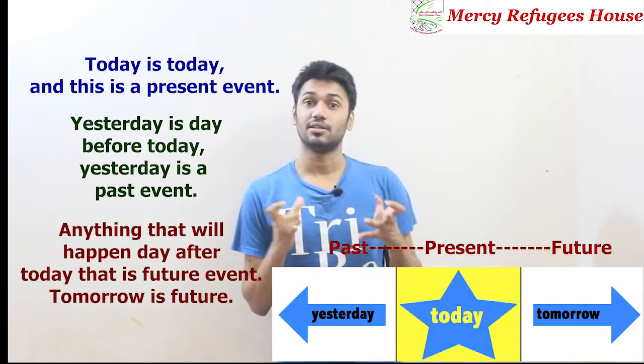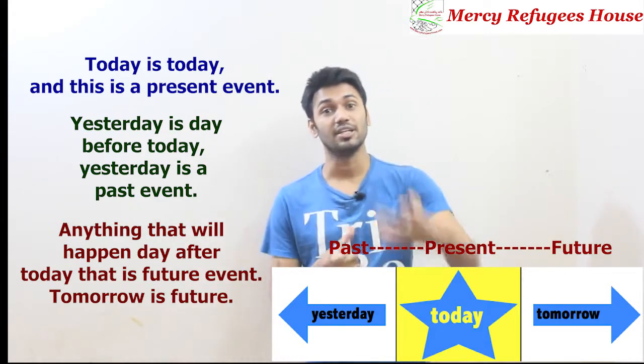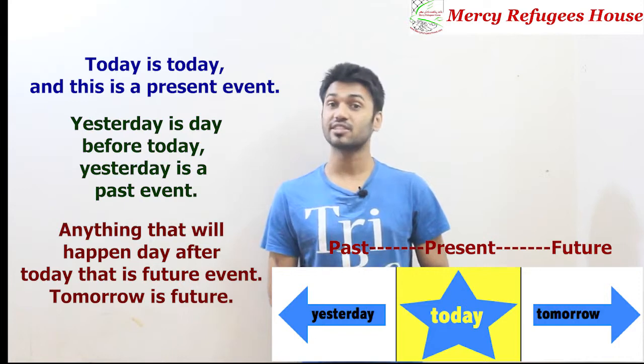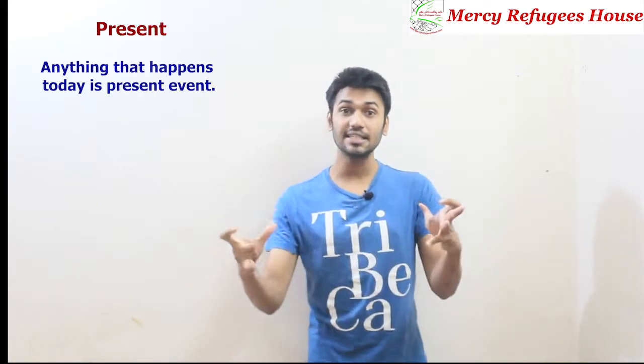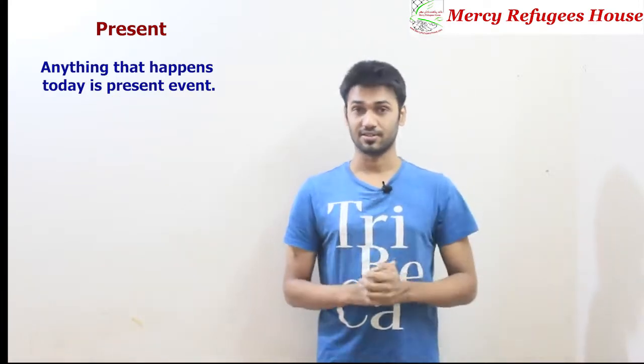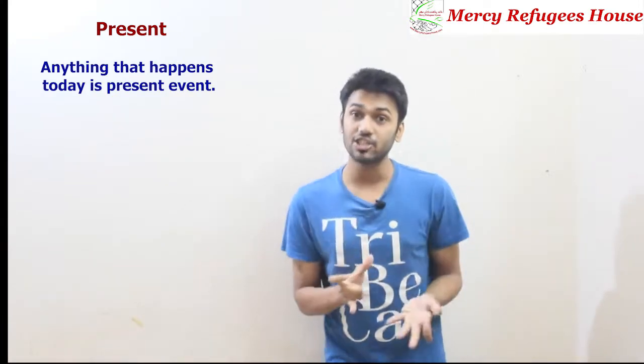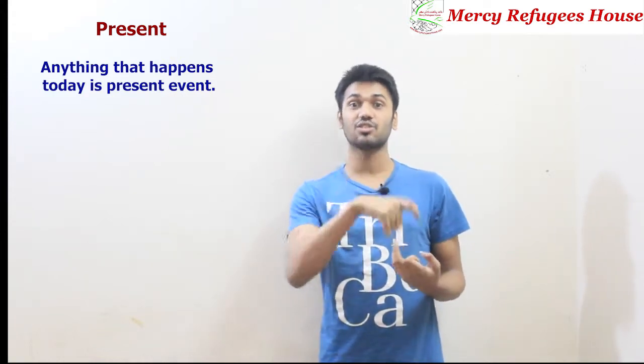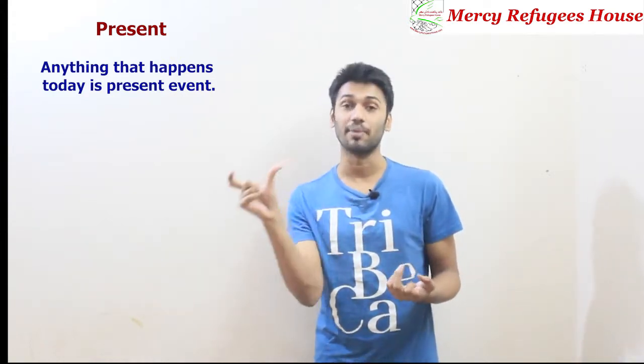Now, then you go to the next section. The next section is talking about anything that happens today, which is a present event. In the case of a present event, we can talk about it in different ways. In the sentence construction, the students have learned about subject, verb and object, right?